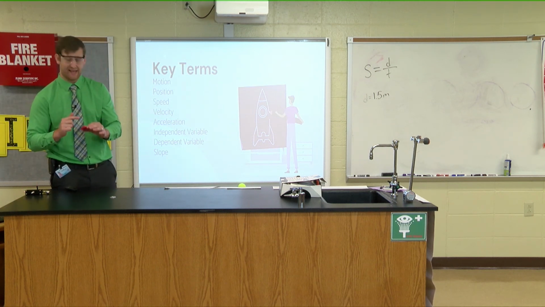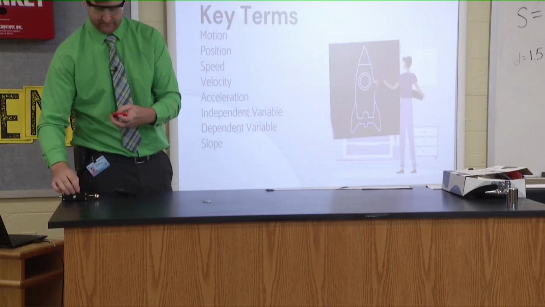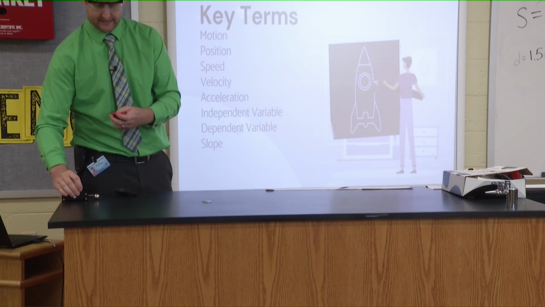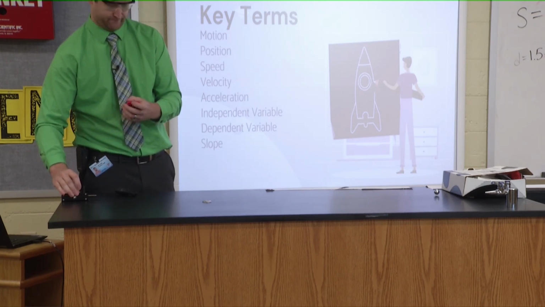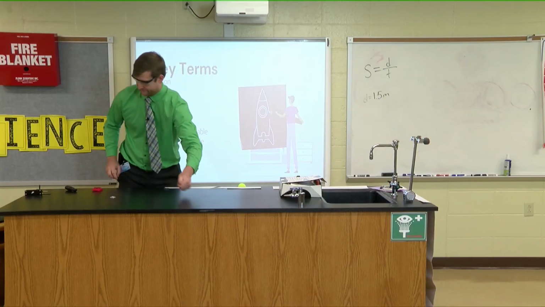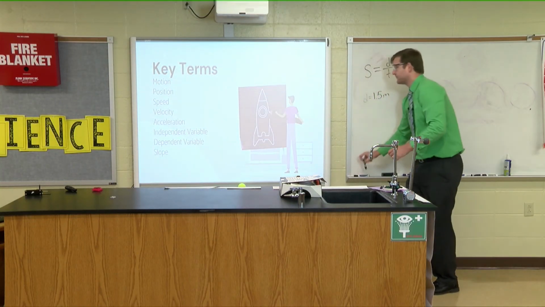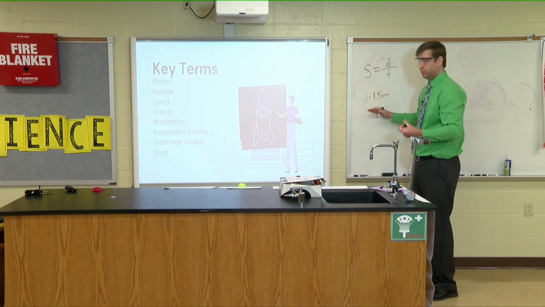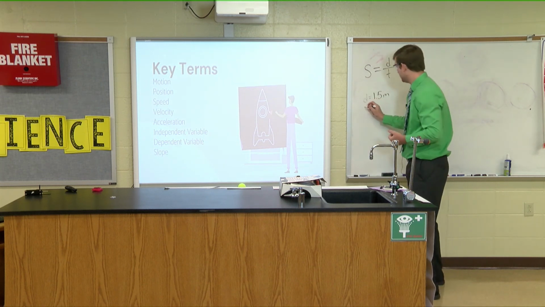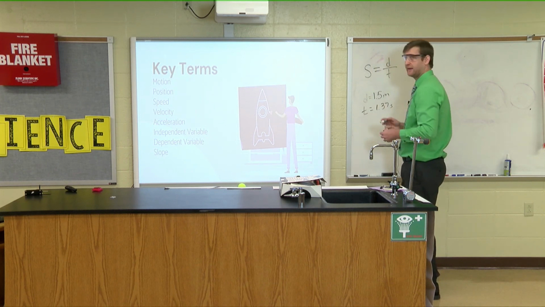I'm going to take the time of how long it takes to get to this point, okay? On the mark, get set, and go. All right, that took 1.37 seconds. So our distance is 1.5, and our time equals 1.37 seconds.